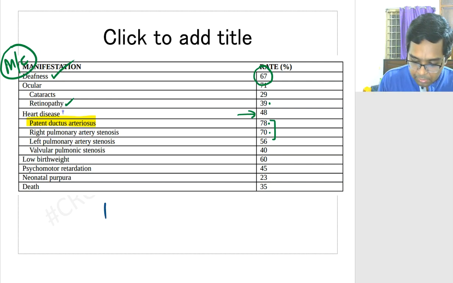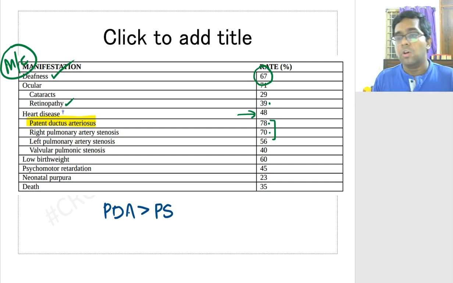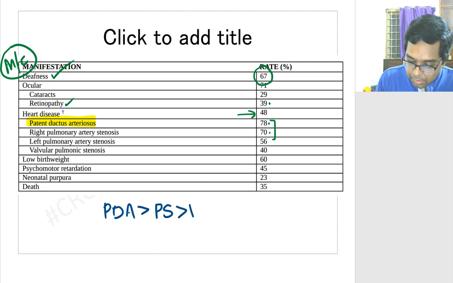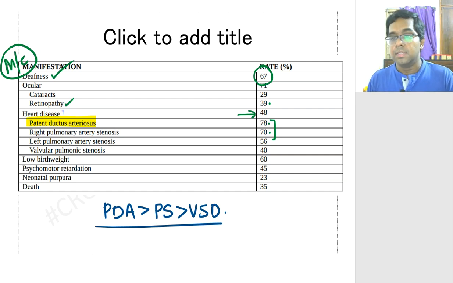Most common is PDA. This is followed by pulmonary artery stenosis, I'm writing as PS, or pulmonic stenosis, and this is followed by ventricular septal defect. So please try to remember these three important heart diseases associated with congenital rubella syndrome. First is PDA, followed by PS, followed by VSD.